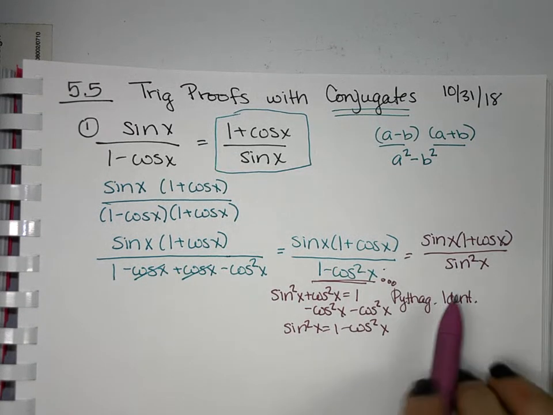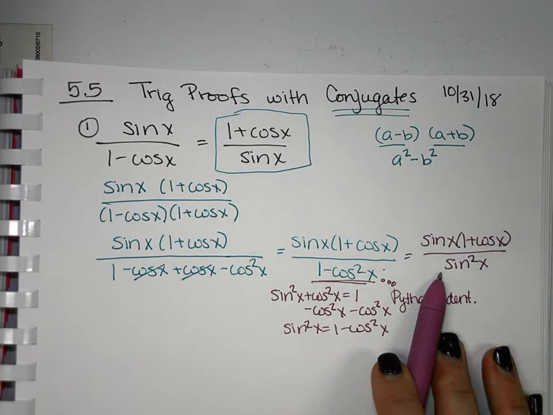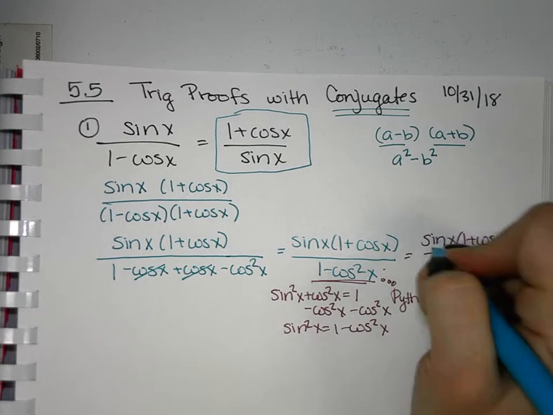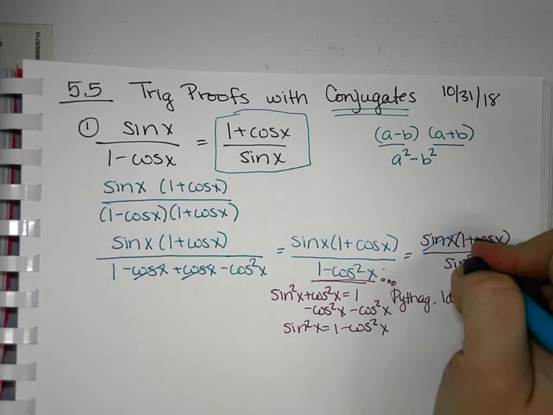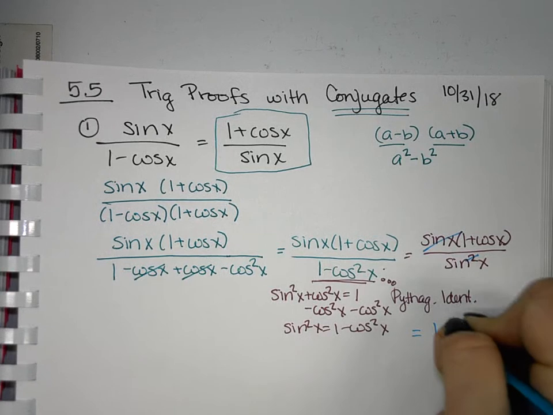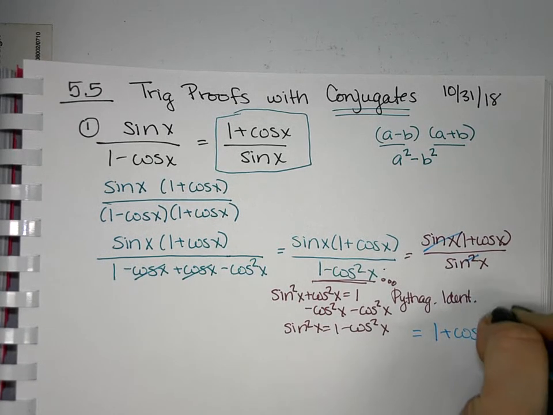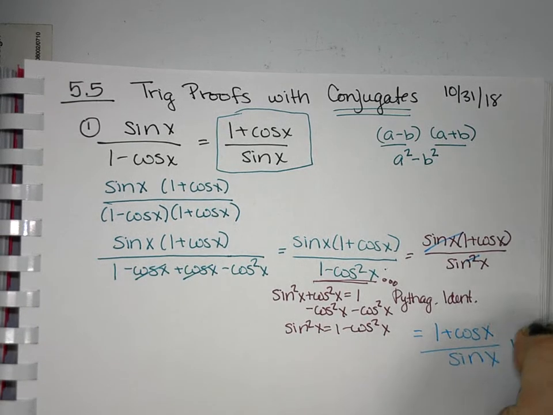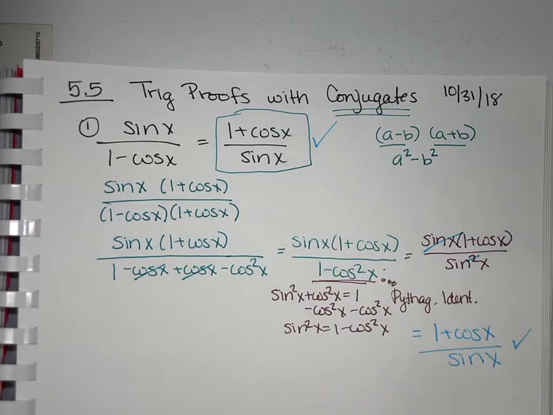So when I look at where I am now after that substitution, I can cancel the sine x on top with one of the sine x's on the bottom, and that leaves me with 1 plus cosine x on top and a sine x on the bottom, which matches what I've boxed, so I know I'm done.